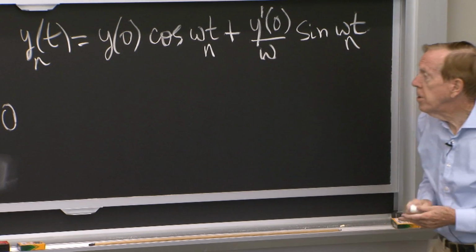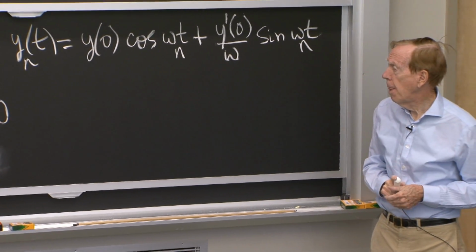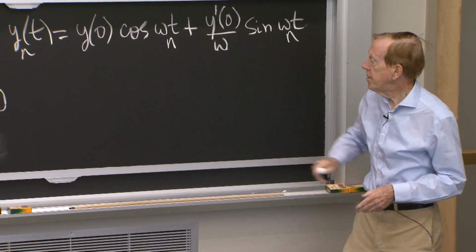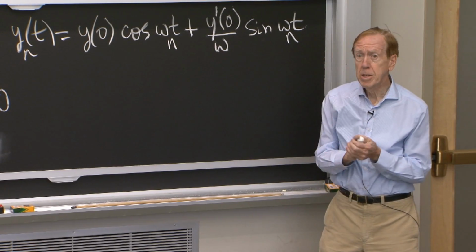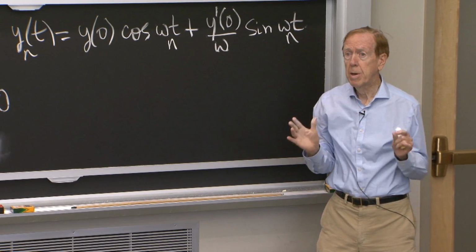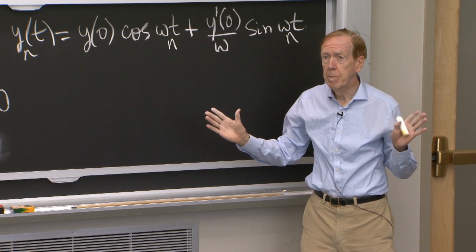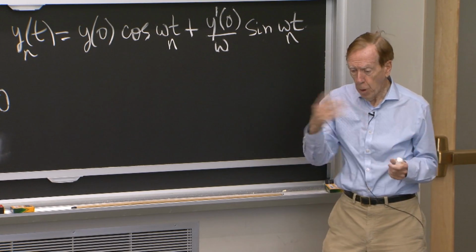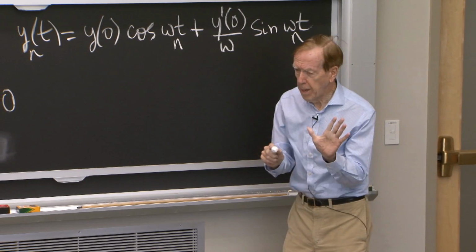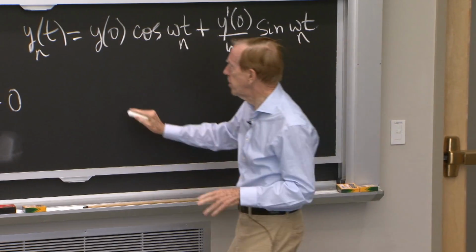Now, we could take one more step. This is a combination of cosine and sine, and we learned last time that that could be put in a polar form, but I don't plan to do this. Let me just say I could do it.